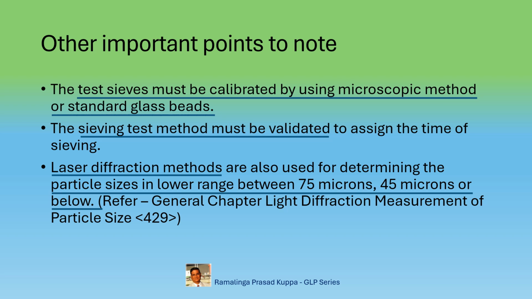Generally, for particles lesser than 75 microns, laser light diffraction measurements method is used. This part of the PSD is out of scope of this method. Please refer General chapter 429 for this.